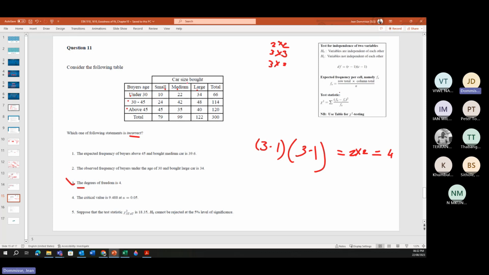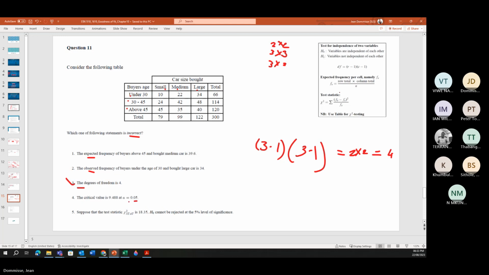So it doesn't always need to be the same number of rows and columns in the table that you are working with. Okay, so then we need to work out the expected, and check if the observed is correct. We need to work out the critical value. So let's do the critical value ones next before we do those.